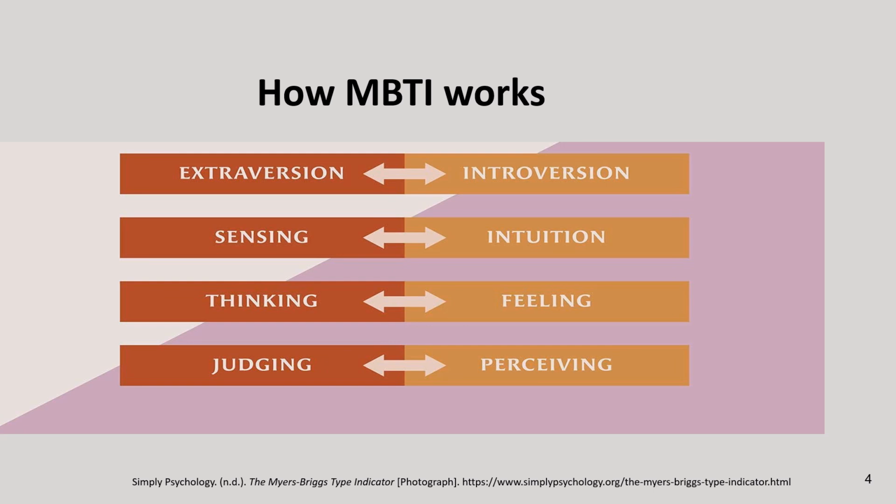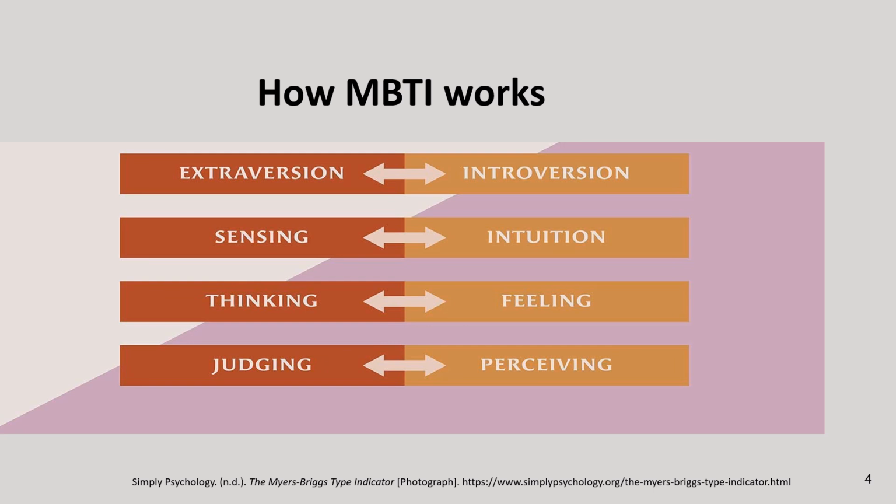Second one, sensing versus intuition. This dimension focuses on how people prefer to process information. Those who prefer sensing focus on concrete, tangible information. They rely on their five senses and prefer practicality and details.